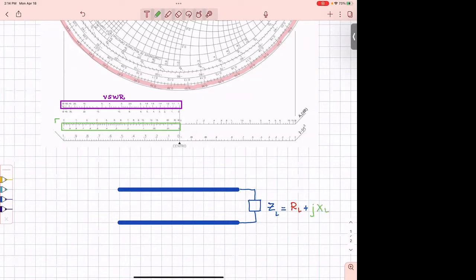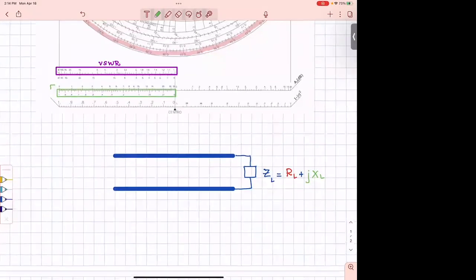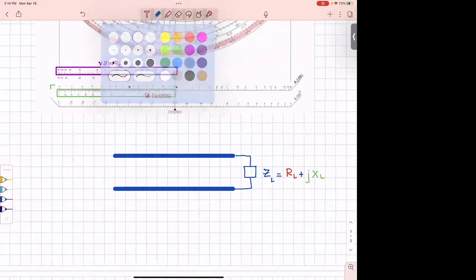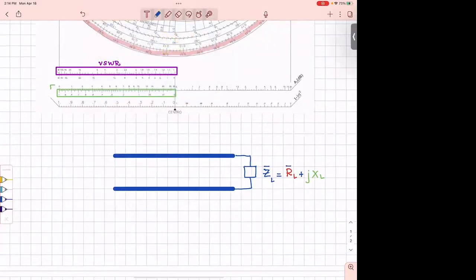First of all, to use the Smith chart, what you do is that you have to normalize all of this with respect to the characteristic impedance of the line. So practically, Z_L is normalized, is this one divided by Z sub naught, which means that R sub L normalized is this, and X sub L normalized is this one.